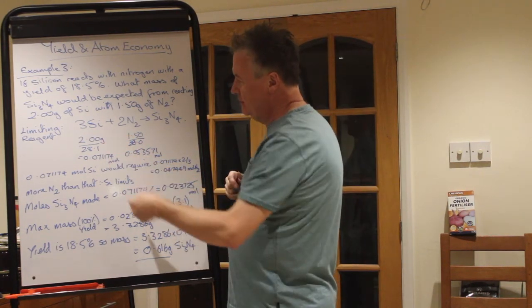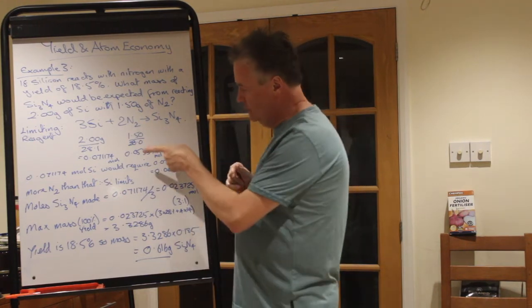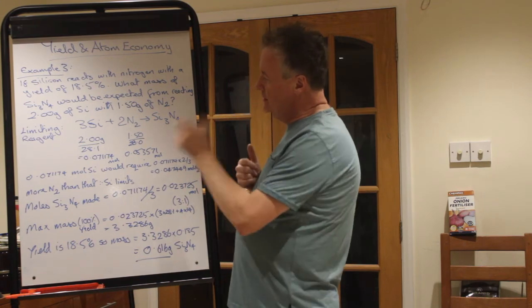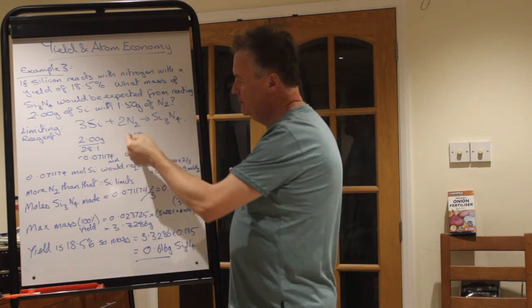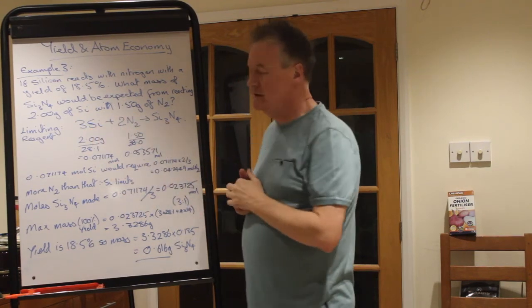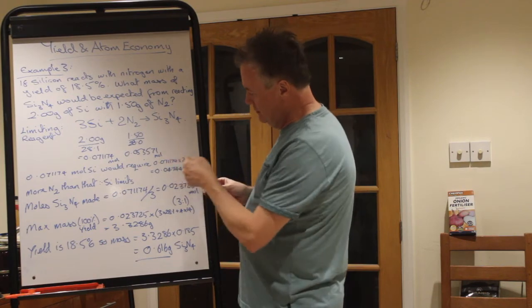2 grams divided by 28.1, 0.071 there, that's moles of silicon. Here's the number of moles of N2. Then you need to look at the balancing, 3 to 2. So there are 2/3 the number of moles of nitrogen required than there are moles of silicon, because it's 3 to 2. So you would do that times 2/3.